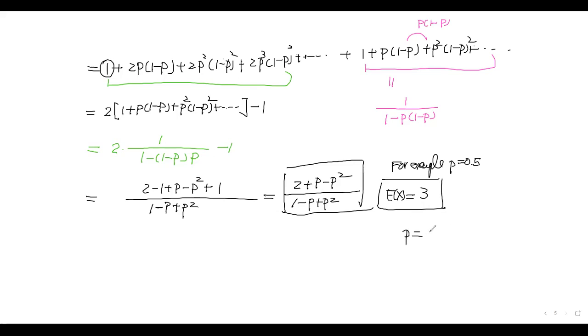For example, if A has a very high chance to win, 0.9, it's 2 plus 0.9 minus 0.9 squared, then divided by 1 minus 0.9 plus 0.9 squared, and you will get the expected number of games to be about 2.3, or 2.29.